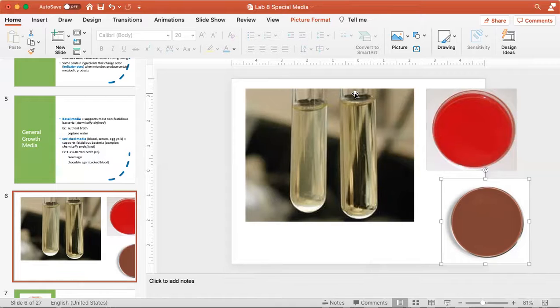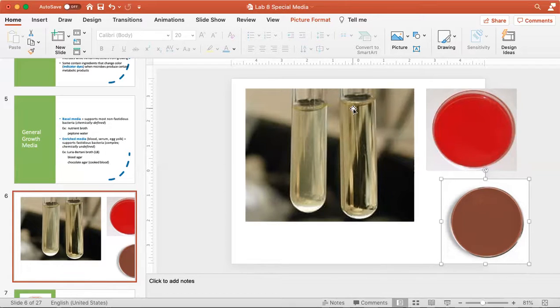Well, the broth that we use in the microbiology lab starts off as a very clear, very transparent fluid. In other words, if I took a piece of paper that had writing on it and I held it behind this tube of broth, I would be able to read the words through the broth. It's very clear.